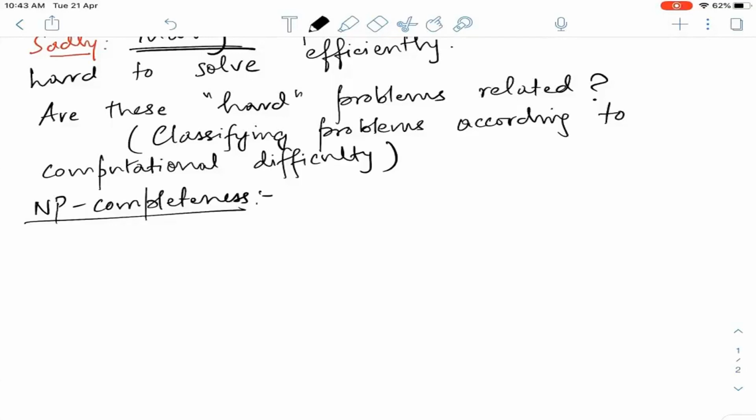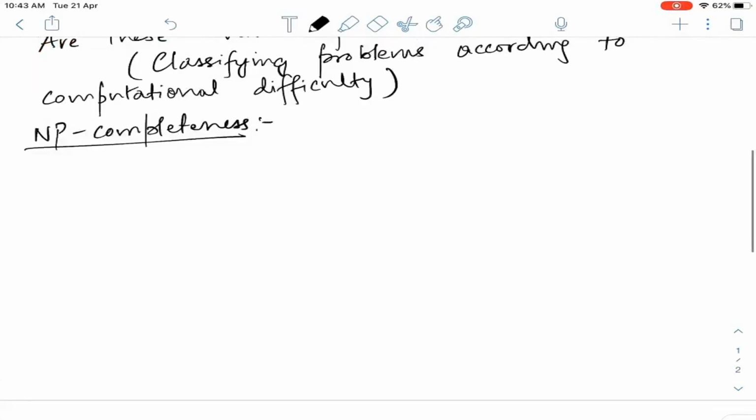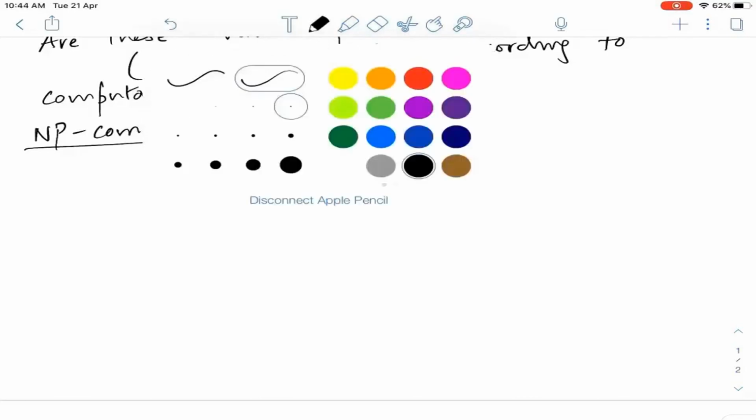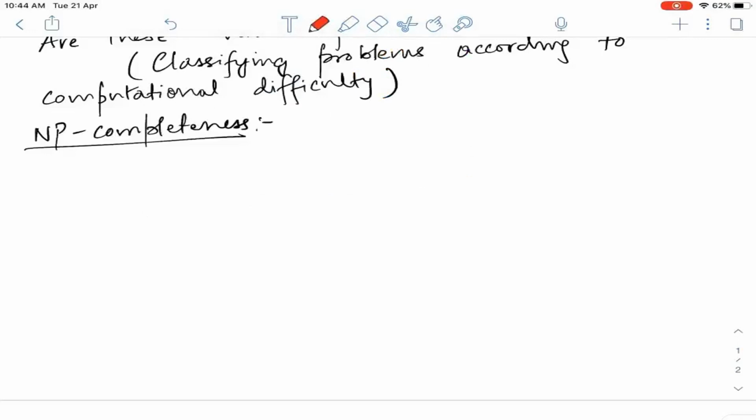Okay. Good. So now let me start with an example of a problem which falls into this class of problems that we do not seem to be able to solve efficiently. Okay, so an example of a seemingly hard problem.